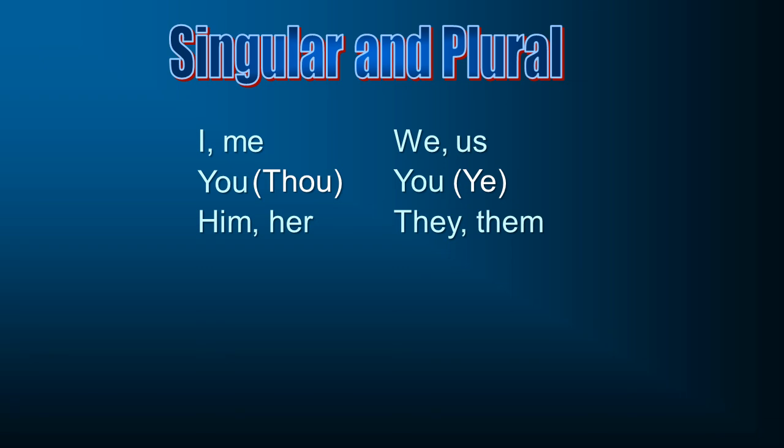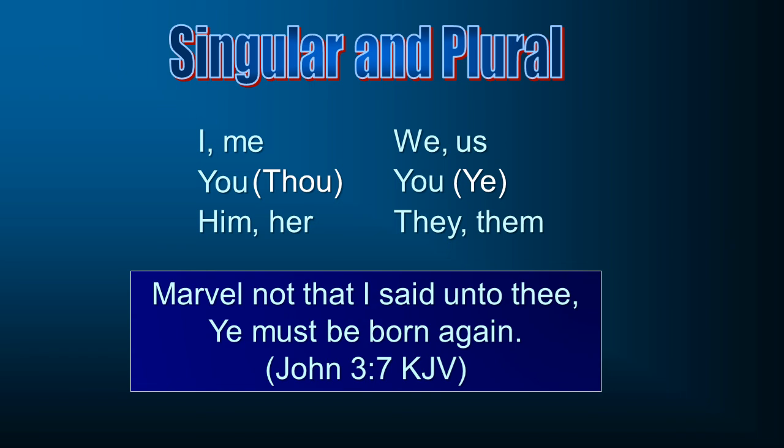And that helps to explain the words of Jesus when he's speaking to Nicodemus and he says, "Marvel not that I said unto thee," unto you singular, Nicodemus, but then he says, "Ye must be born again." That's not just you, Nicodemus, you all must be born again. And so, both in Old English and also when we come to Greek, we're going to be able to tell to how many people this is being addressed. Is this just to one, or is this a plural in view?